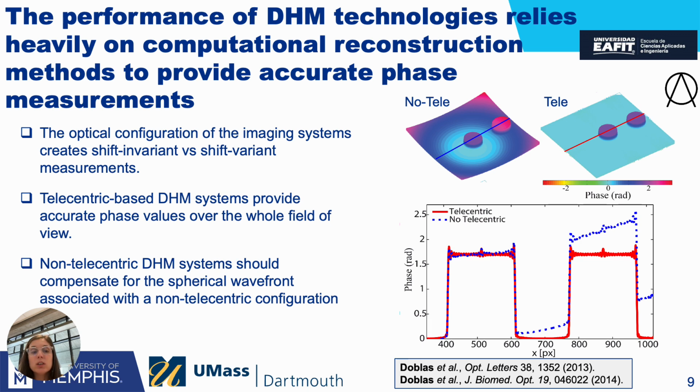So in non-telecentric systems you need to compensate for the spherical waveform, but that compensation needs to be extremely accurate if you are using the phase values for diagnosis or for comparing or categorizing samples, because your value might be distorted not because of the sample itself, but because of your reconstruction method.